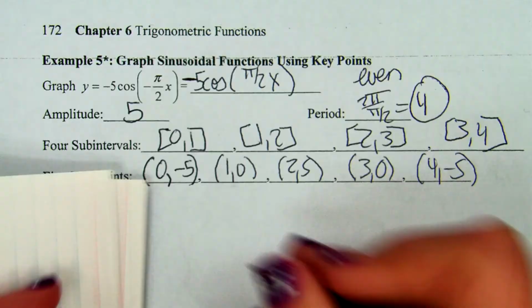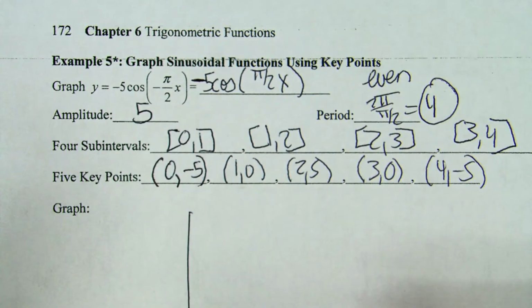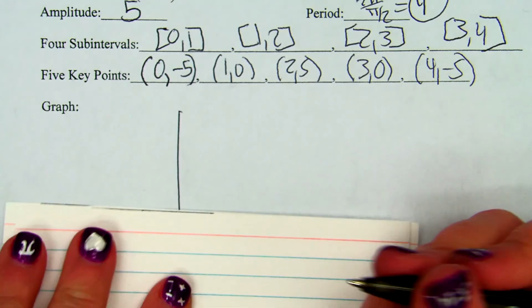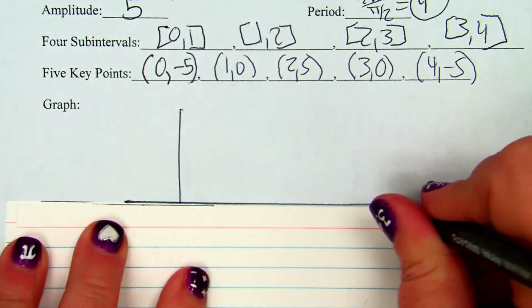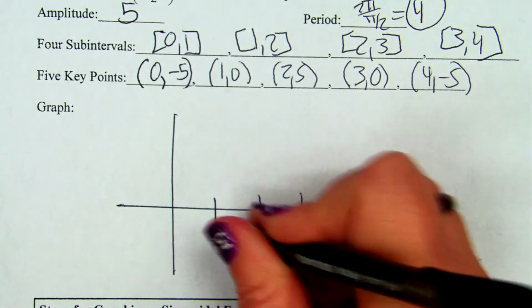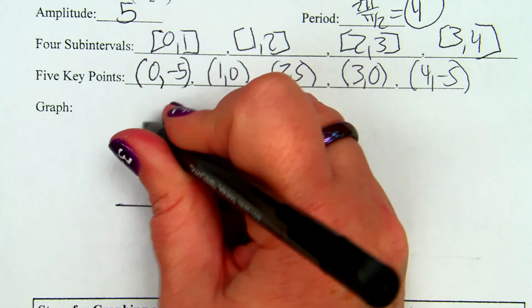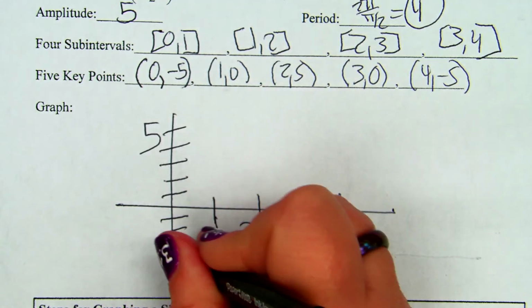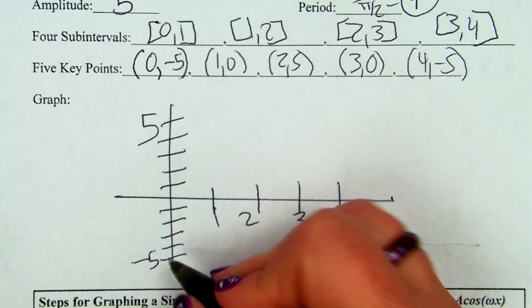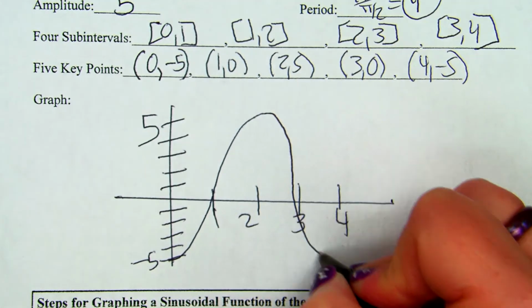So let's see how that looks. It starts at negative 5 and goes here and then up and then down and then back.